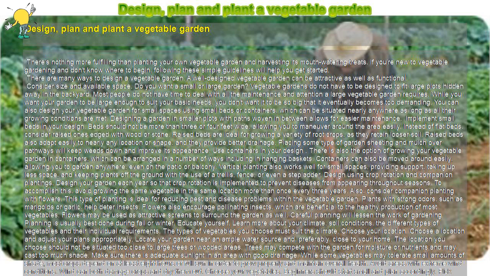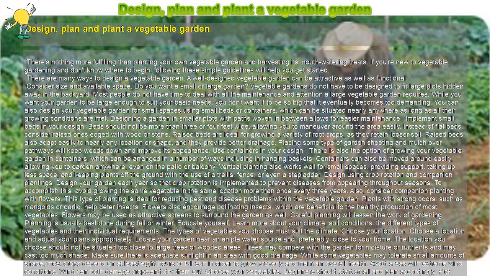Use containers in your design. There is also the option of growing your vegetable garden in containers, which can be arranged in a number of ways including in hanging baskets. Containers can also be moved around easily, allowing you to garden anywhere, even on the patio or balcony.